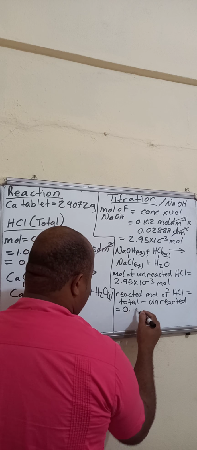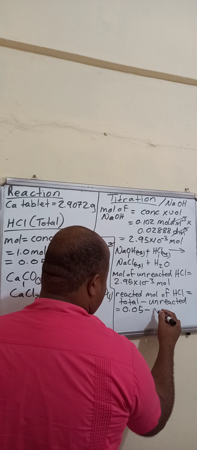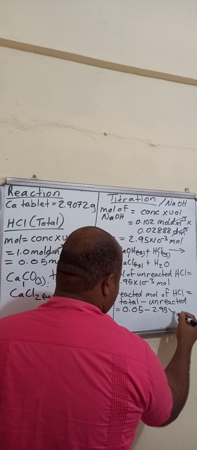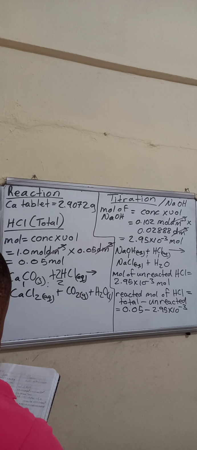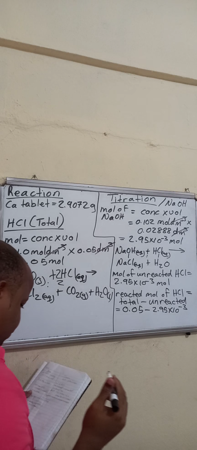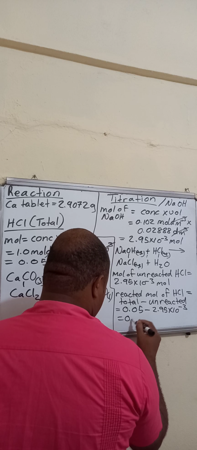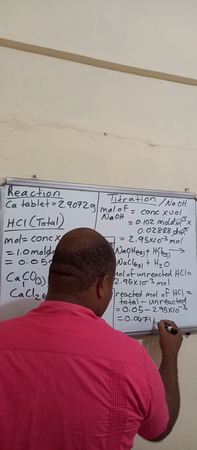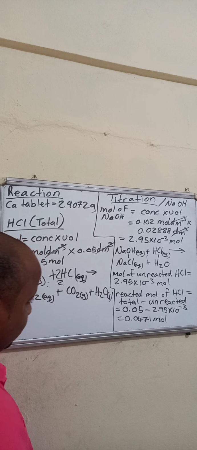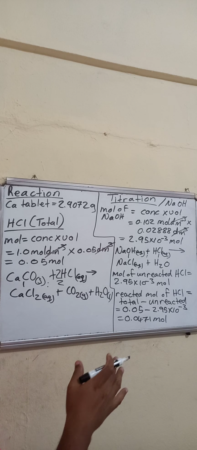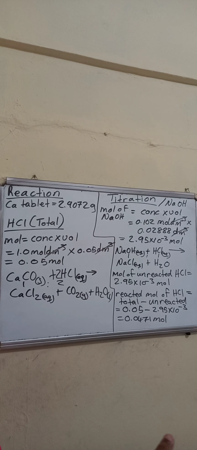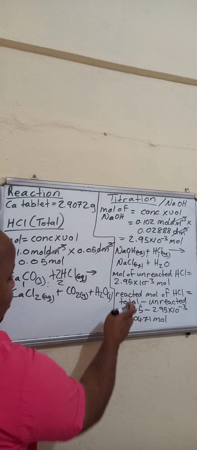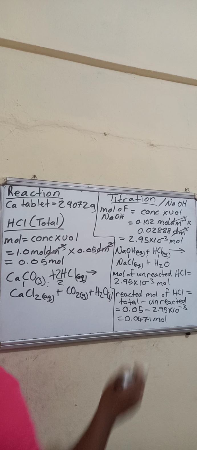So it is 0.05 take away 2.95 times 10 to the minus 3, and for that you should get 0.0471 mole. So now we know the amount of moles of HCl that was reacted.